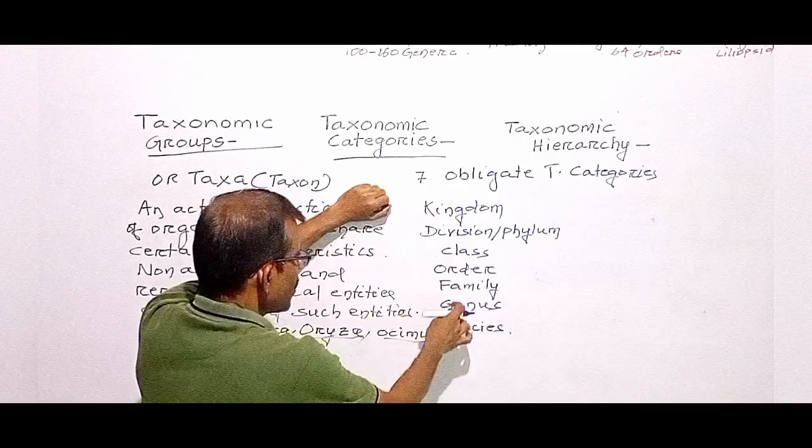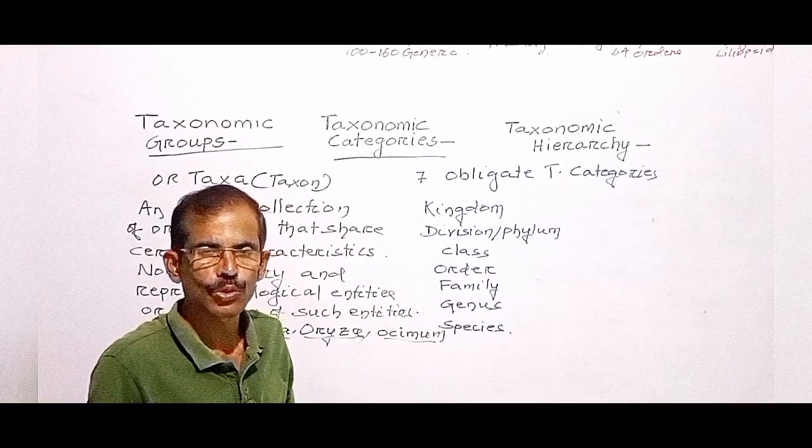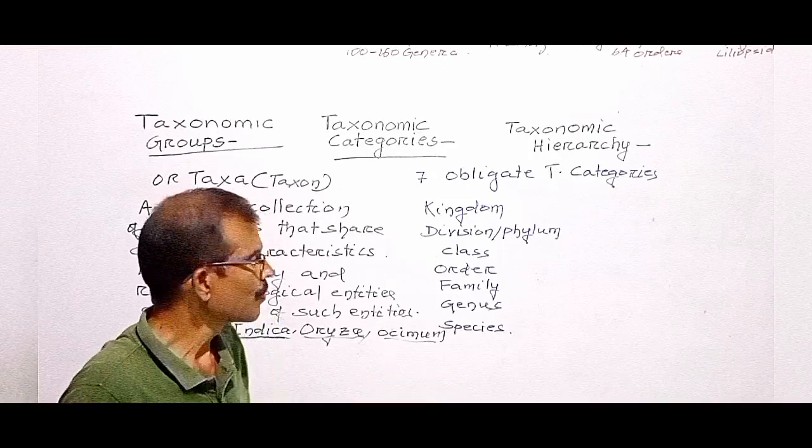These are the 7 obligate taxonomy categories that are used to classify organisms in a hierarchical manner.